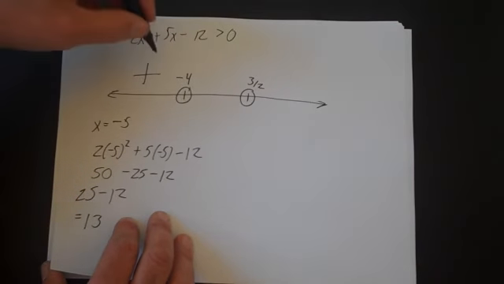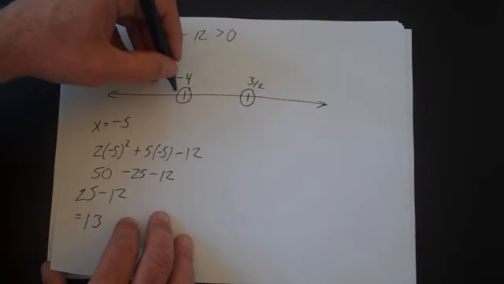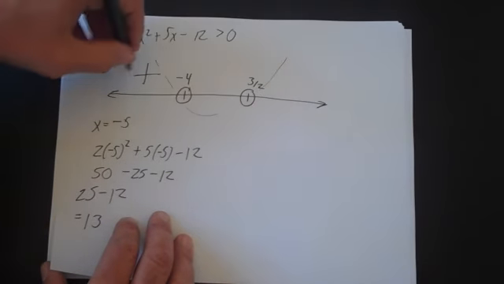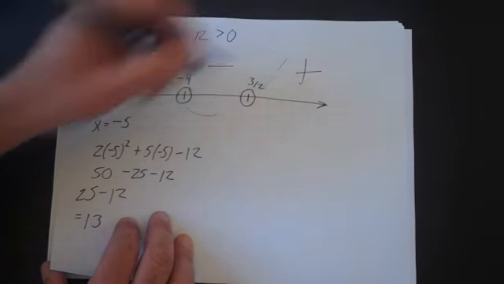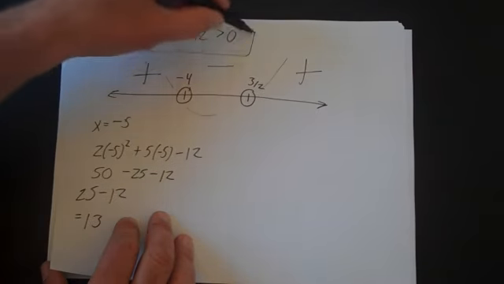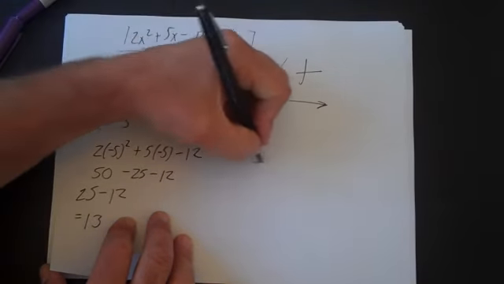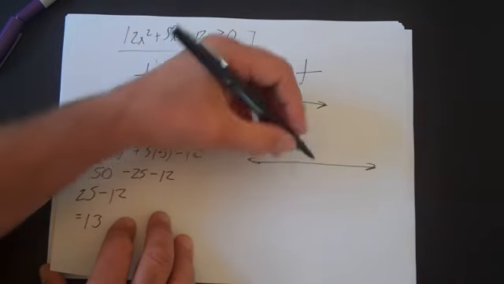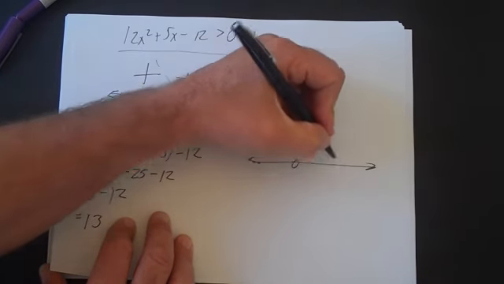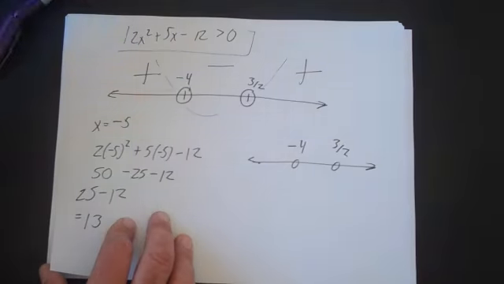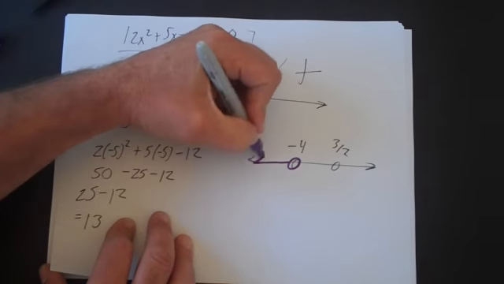This is a parabola, so you know it's going to come down like this, like that. So this is positive, this is going to be negative, this is going to be positive. We want the cases when it's positive. So this is what our answer is going to look like graphically. It's going to be minus 4, 3/2, open dot, open dot.